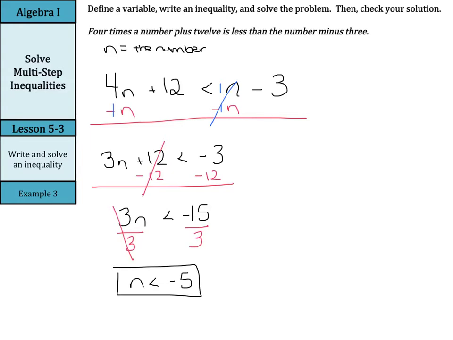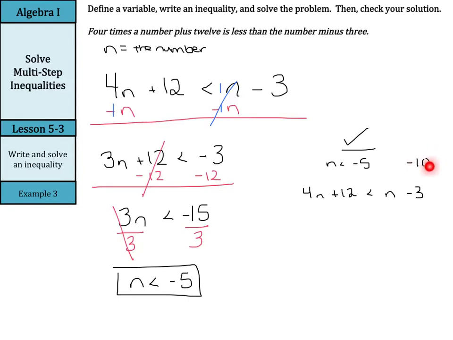Now to check the solution, we're saying n is less than negative 5. Pick a number for n that is less than negative 5. Let's go with negative 10. So negative 10 is less than negative 5. Let's rewrite our original inequality. 4n plus 12 is less than n minus 3.